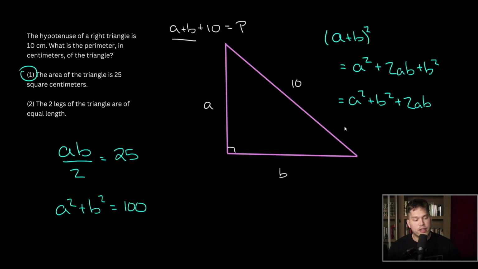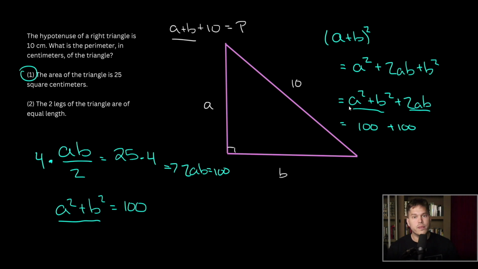And let's recognize that, well, hey, A squared plus B squared, that's what we have right here. We know that this is 100. And what is 2AB? Well, let's multiply both sides here by 4, and we would be left with 2AB is equal to 100.